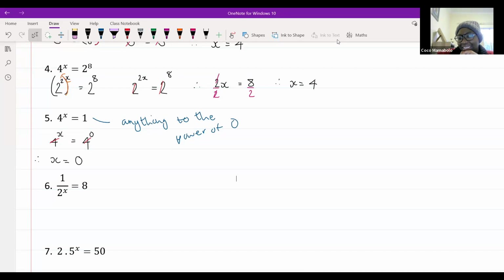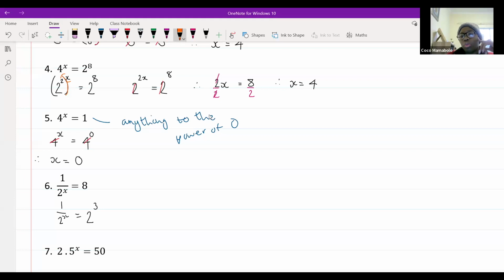Okay, so first off, I started by changing 8 into an exponential number, which I got 2 to the exponent 3. I apply the laws of indices on the fraction, I think it's law number 7. You don't need to remember which law number it is as long as we use the correct law.